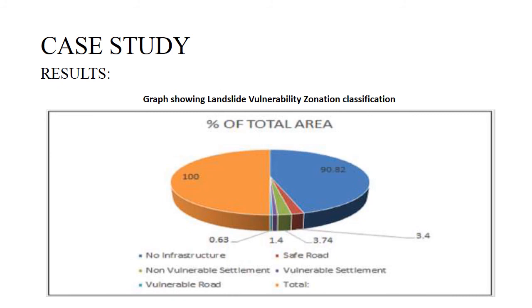That is the overall result of this case study. You also have vulnerable places at 1.4%, and non-vulnerable settlements at 3.74%. So you get to know which roads have to be closed and where there is more possibility of landslide occurrence. Thank you.